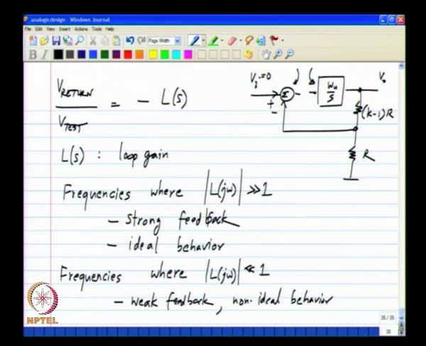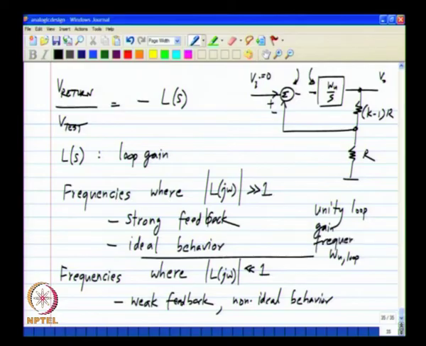So, what separates these two regions is the unity loop gain frequency. Okay. The unity loop gain frequency is where the magnitude of the loop gain, magnitude of L of j omega becomes equal to 1. Okay.